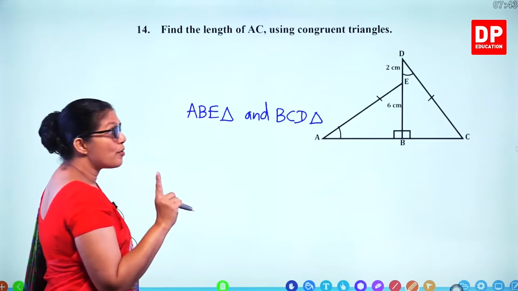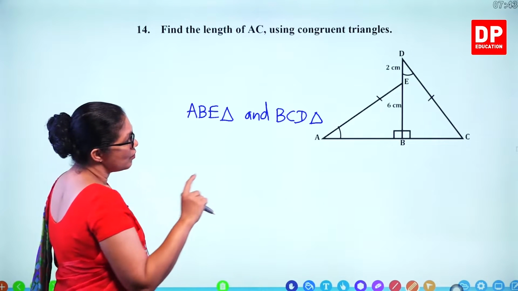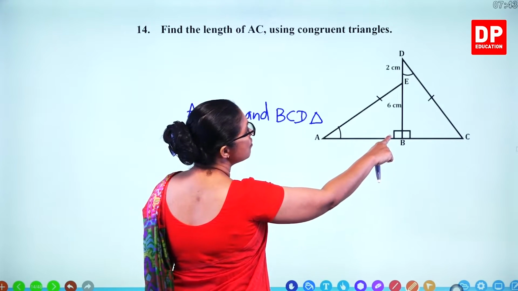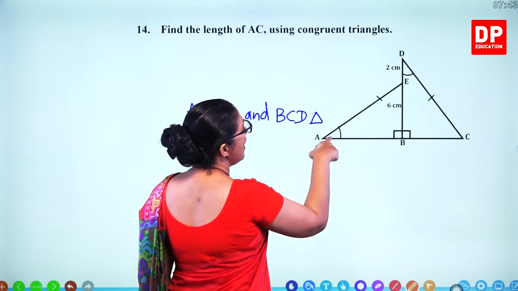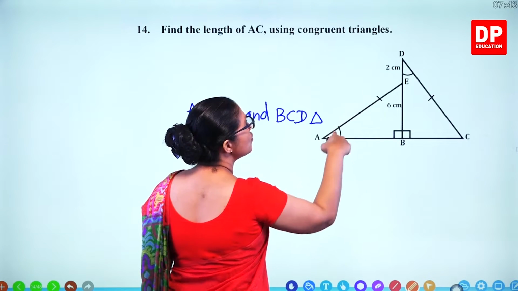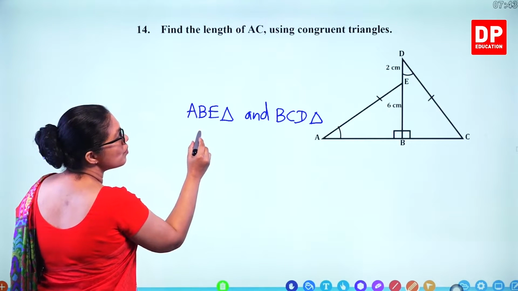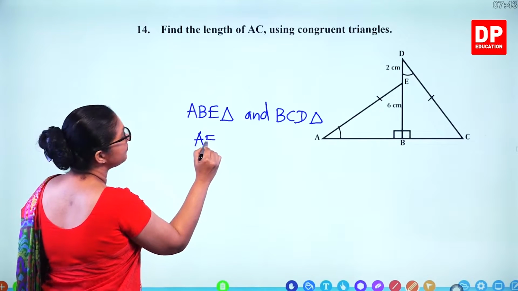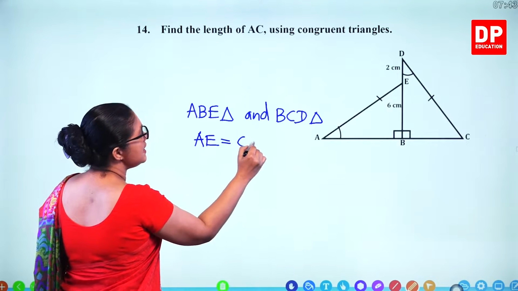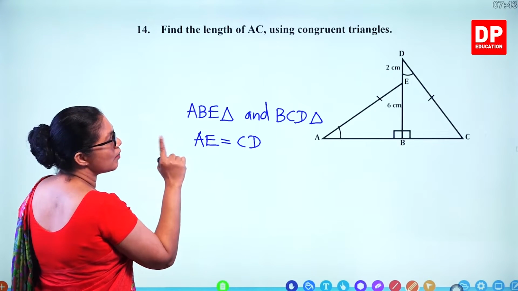So both are congruent. What's the case? This is a right angle triangle and here this angle is equal to this angle. So we'll write down ABE. AE is given, CD length is equal.